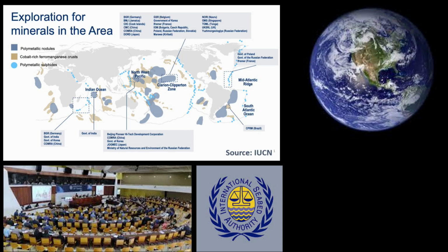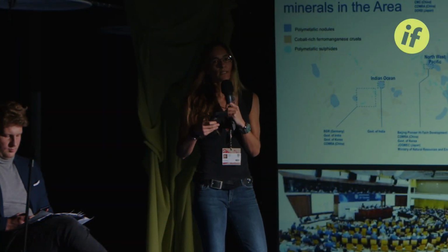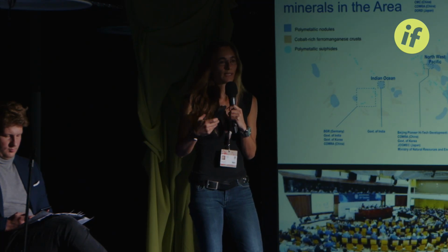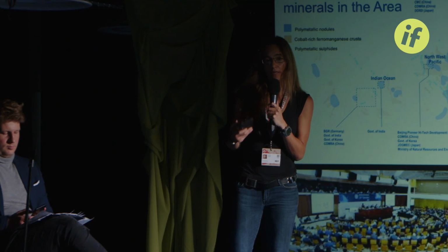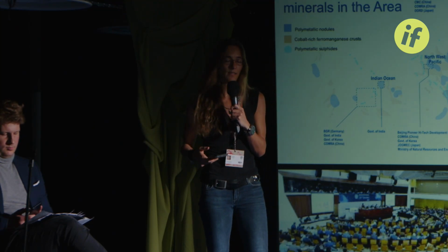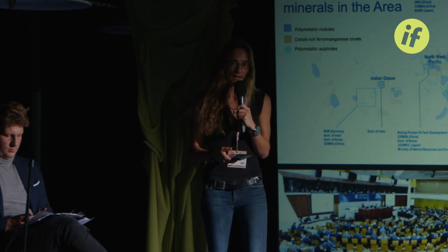So for that, it's important not only to create a regulatory framework, but also to create tools that allow us to protect the marine environment. Because ensuring the protection of the marine environment is one of the mandates that the ISA has under the United Nations Convention on the Law of the Sea.